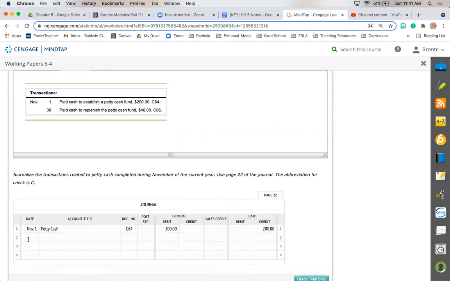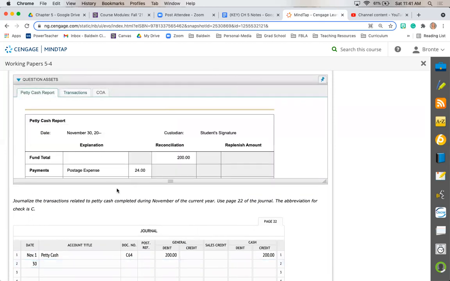Okay. Next, we're at the end of the month, and now we are paying cash to replenish the petty cash fund, which was $46, which we just found on our petty cash report. So the 30th. Now, we are going to be listing the account titles that are getting the debit. So we're going to need our petty cash report again.